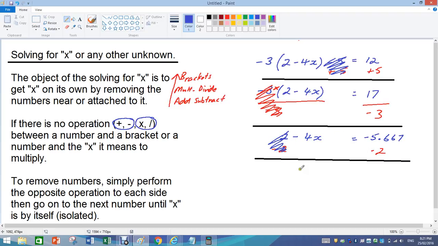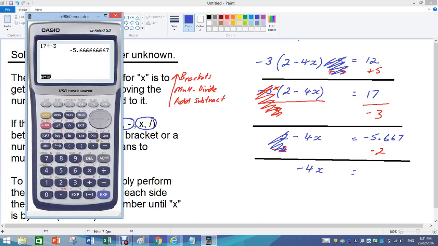The left side is now just minus 4x equals, the right side is minus 5.667 minus 2. Again, use your calculator for these ones. Minus 5.67 minus 2 is minus 7.67.